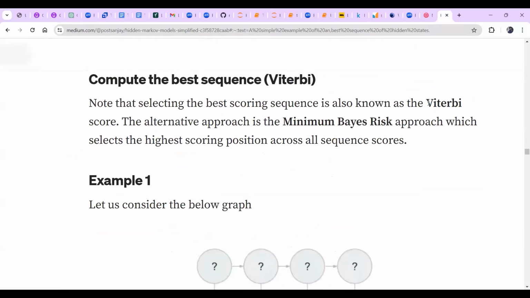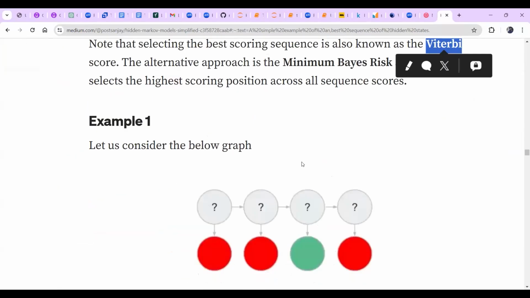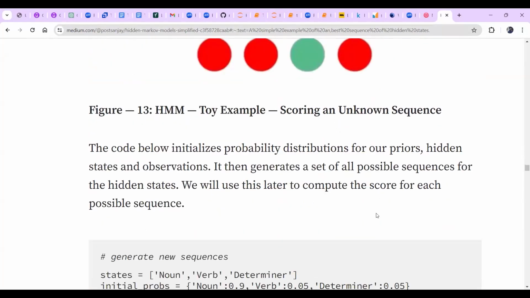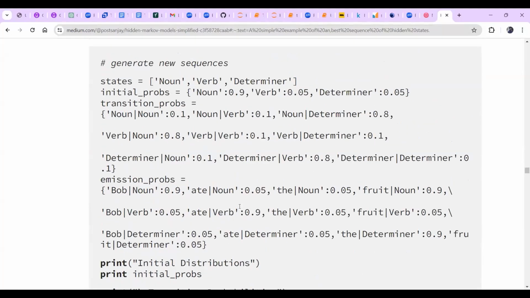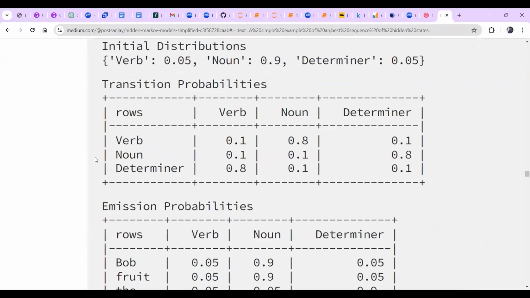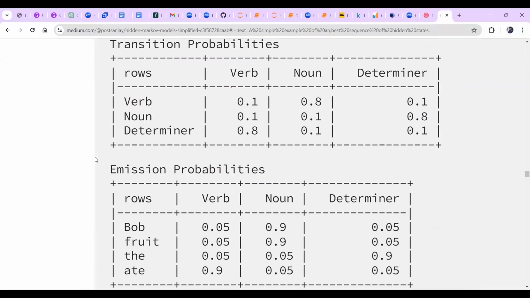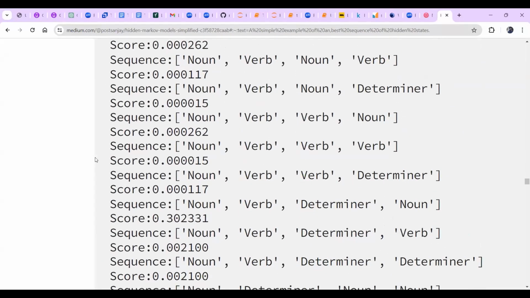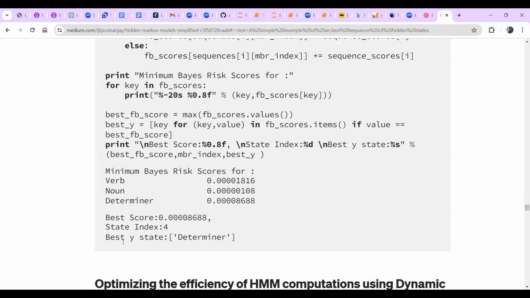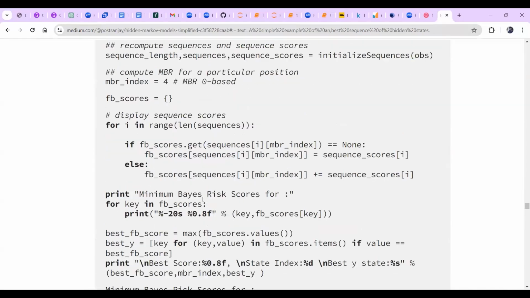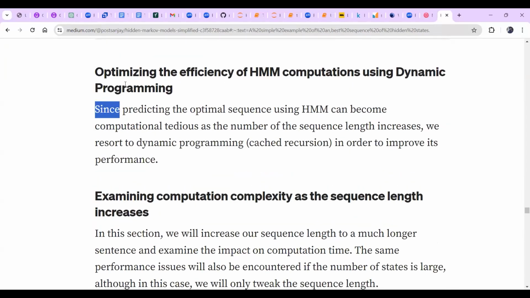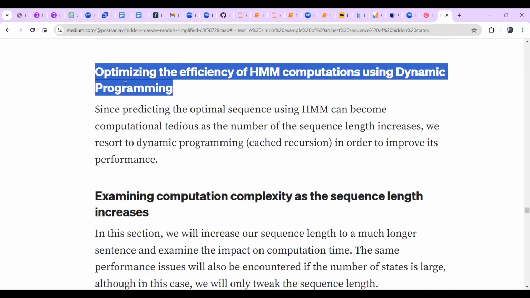So over here, this is the Viterbi algorithm which they are using. Here you're seeing optimizing the efficiency of HMM computation using dynamic programming.